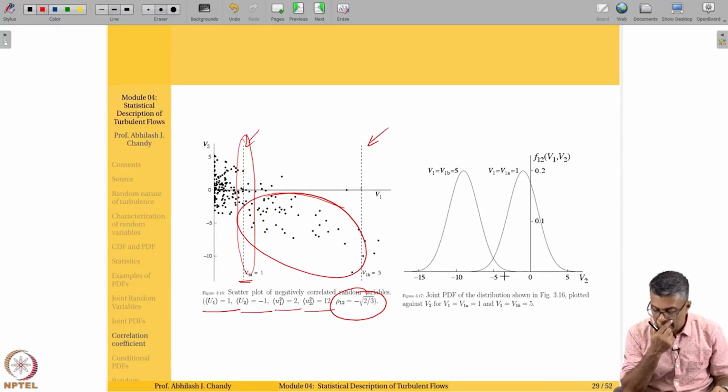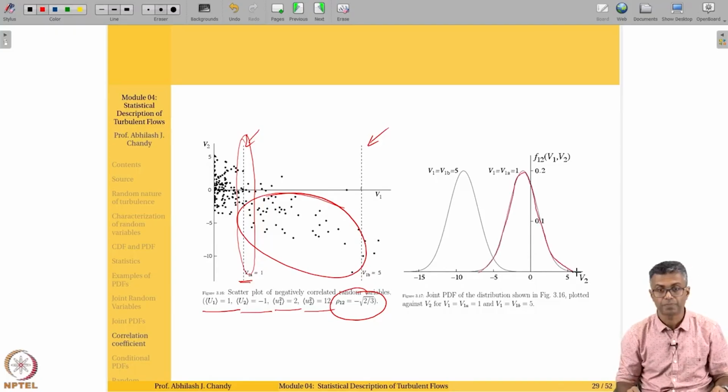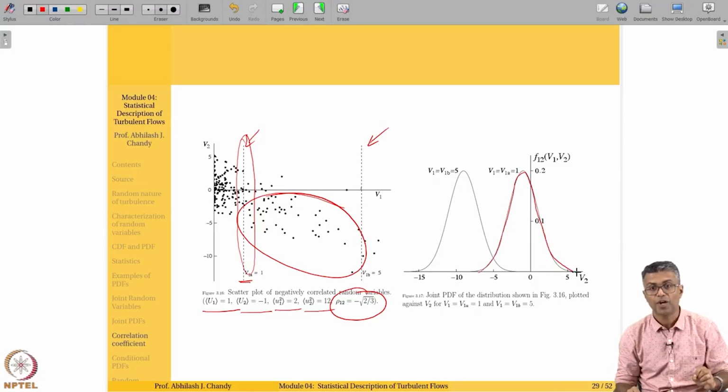So on the right side, I have a joint PDF of the distribution, and you can see that this is the probability distribution function, right? So this is a joint PDF of when V1 is equal to 1, meaning it's a conditional PDF. So for V1 equals 1, what is the joint PDF?